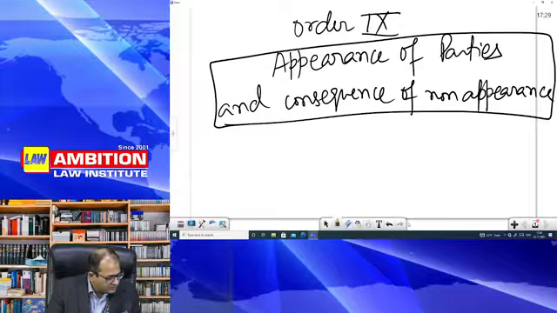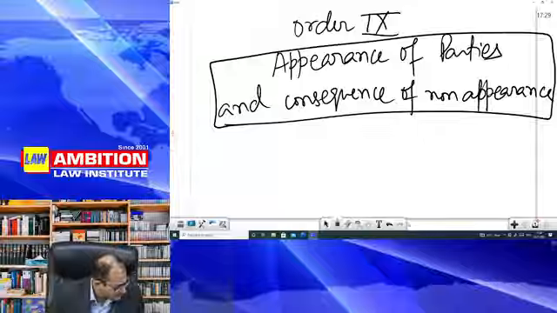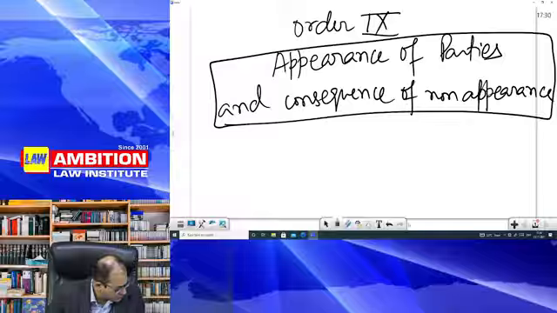If you read Order 9 Rule 1, it says: on the day fixed in the summons for the defendant to appear and answer, the parties shall be in attendance at the courthouse in person or by their respective pleaders, and the suit shall then be heard unless the hearing is adjourned to a future day fixed by the court.